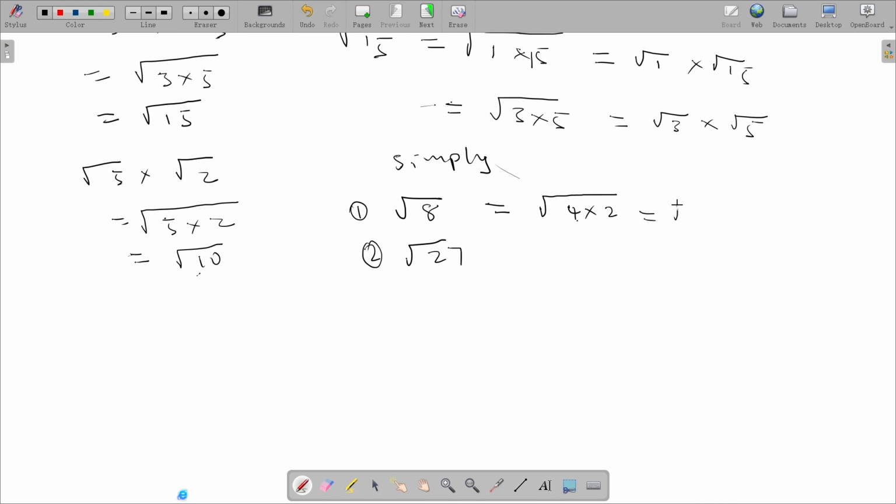This is the same as square root of 4 times square root of 2. But look, we know from the square numbers that square root of 4 is 2, so we have 2 times square root of 2, which is the same as 2 root 2. That's it. We're done with this one.